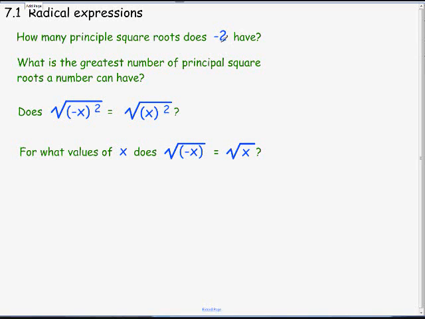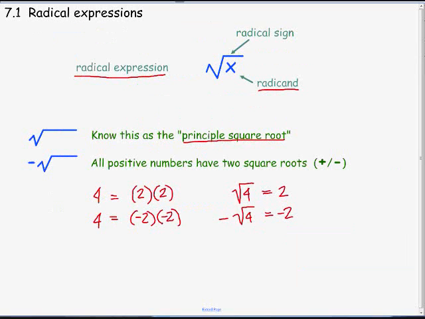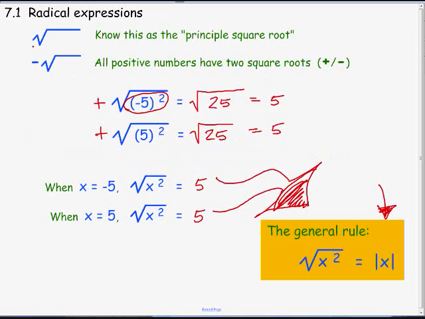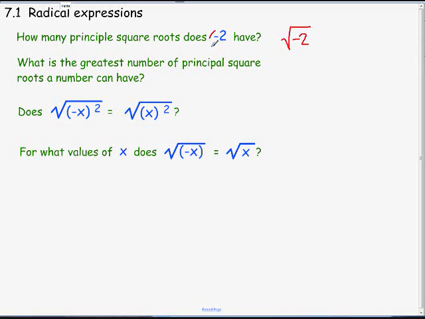How many principal square roots does negative 2 have? Oh, this is like a trick question, isn't it? Let's go back and let's see if we talked about this at all. All positive numbers have 2 square roots. What have we got here?